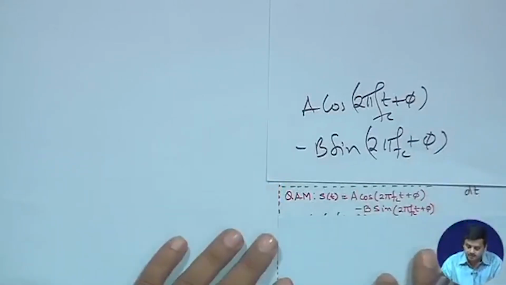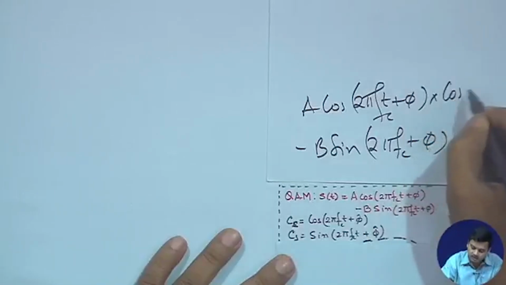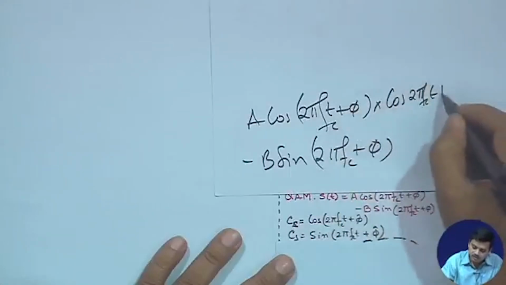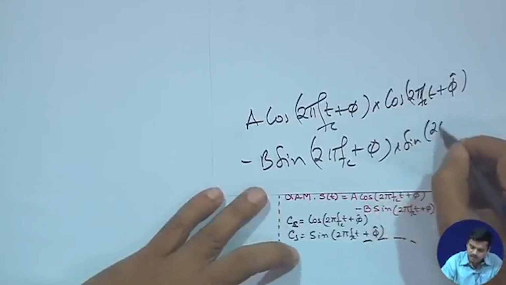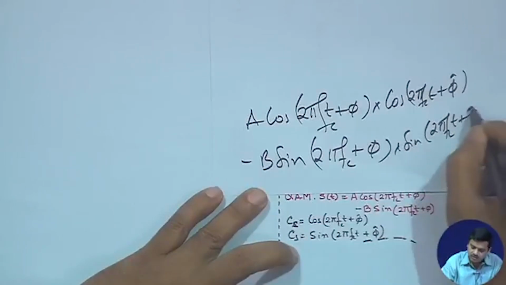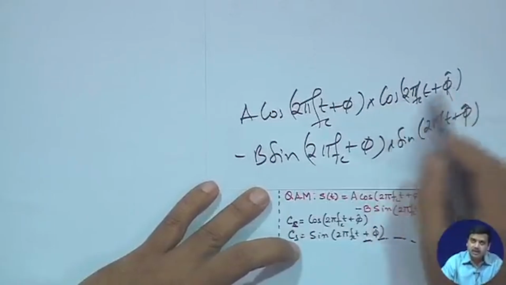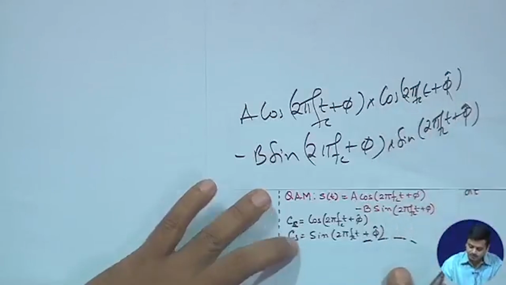This is what we have written in red. The reference carriers are cos 2 pi FCT plus phi prime, phi cap, and the sin carrier is sin 2 pi FCT plus phi prime, because you multiply this with a cos 2 pi FCT plus phi cap, and you multiply this with the sin 2 pi FCT plus phi cap, right. So, there is a difference in phase in the cosine carrier as well as the sine carrier.